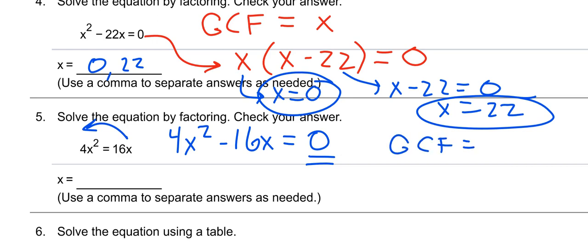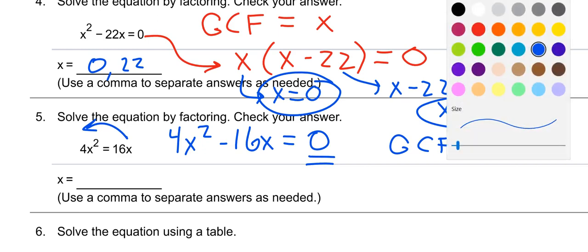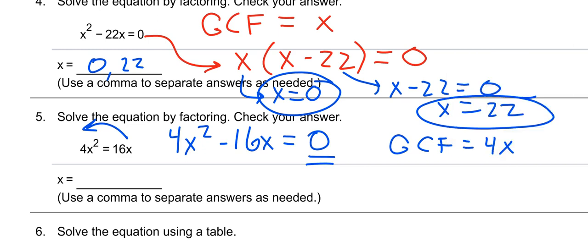That GCF in this case is 4x. If we pull out that 4x, in other words, we divide everything by 4x to find out what's left over, we end up with 4x times x minus 4.